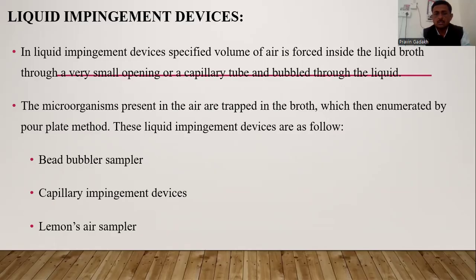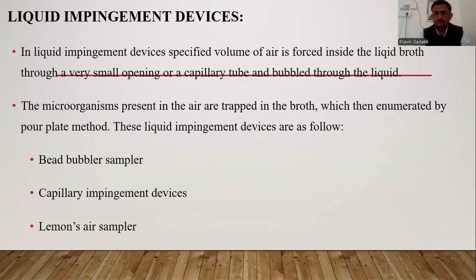Here, we add media in the form of liquid, and after that we inoculate that media on a petri plate, or you can say nutrient media plate. So in liquid impingement devices, a specified volume of air is forced inside the liquid broth.